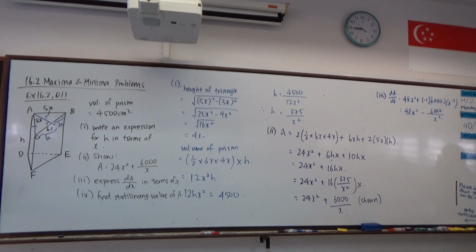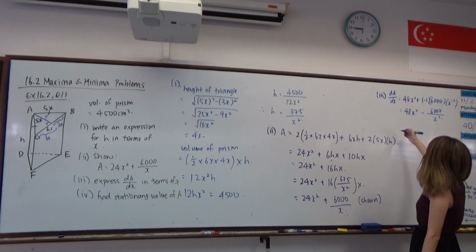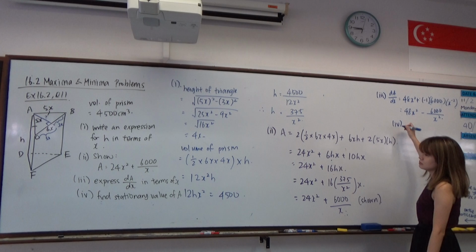That will give us 48x squared minus 6,000 over x squared. Then after that, that is for part 3.